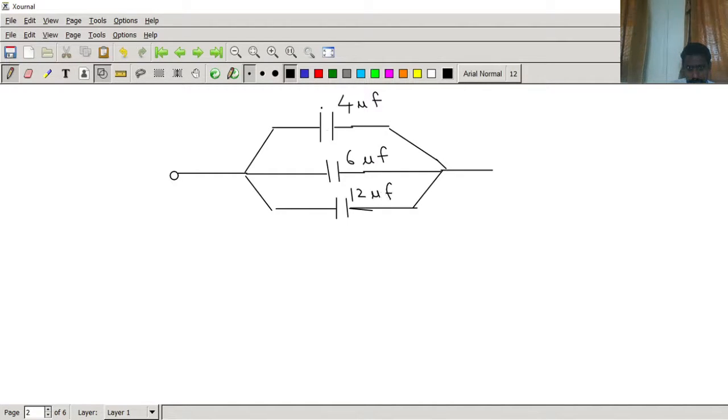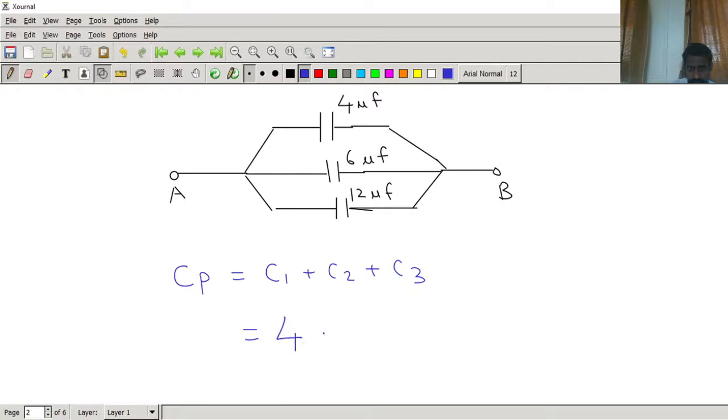The parallel combination answer is very simple. When we try to find the total capacitance between both these points, A and B, in parallel we just simply add all the capacitances, that is C1 plus C2 plus C3. That means when we want more capacitance, we must connect the capacitors in parallel.